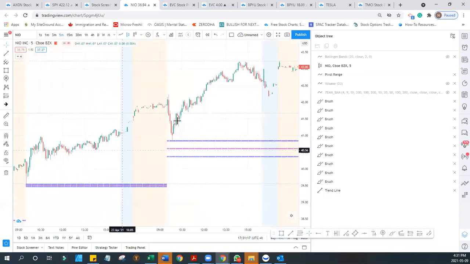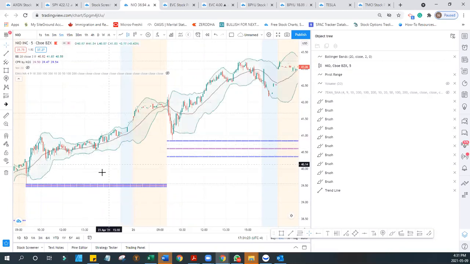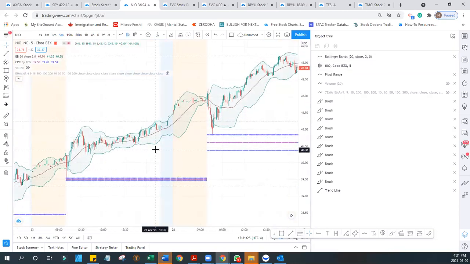And this is a good trend. At the time, Bollinger is saying the band has moved upwards. If you want to be in the trade, you can put the stop loss and stay in the trade. You can get out at the end of the day when you have a very narrow CPR.